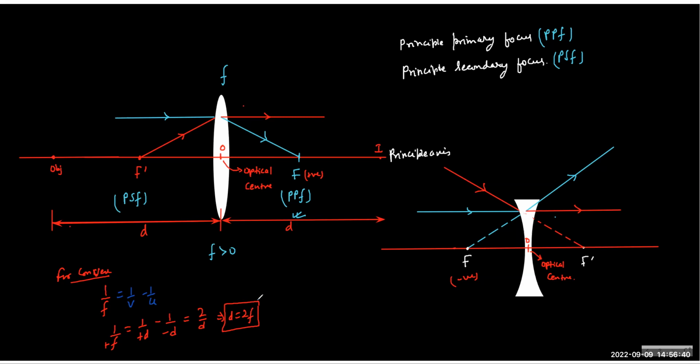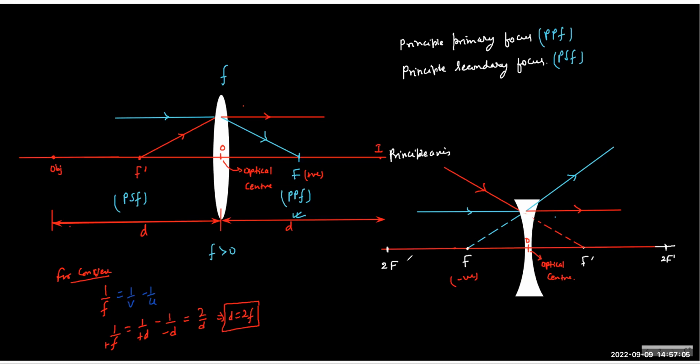Now this D equals to 2F is also true here. And that is why we have something called 2F notation. So here we don't have the C notation, we have the 2F notation. So we write 2F and we write 2F dash. And what you need to understand is that if the object is at 2F, the image will be at 2F dash, because numerically all are the same.